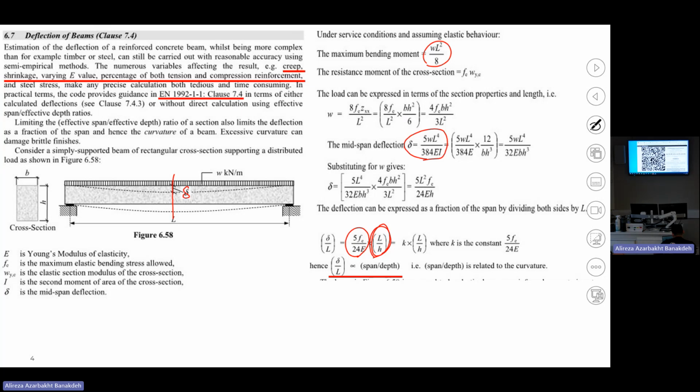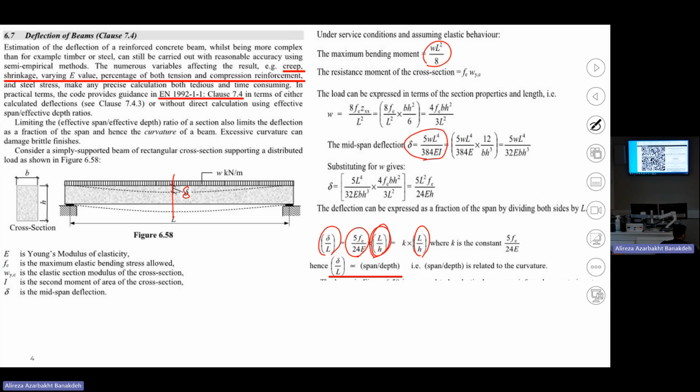It means that the delta, the deformation, the maximum deformation, relates to the ratio of L over H. And it makes sense physically, because the longer beam you have, the more deformation you will have, right?